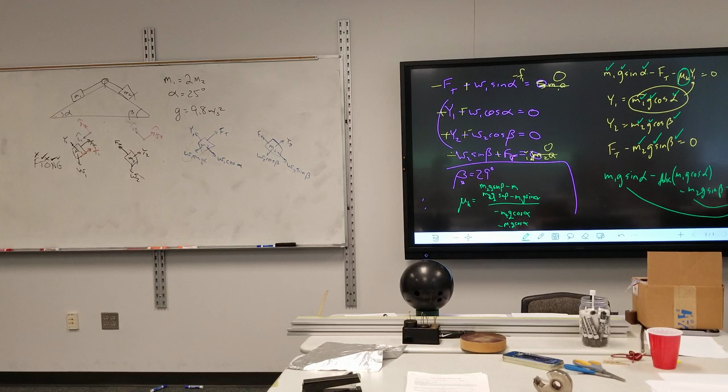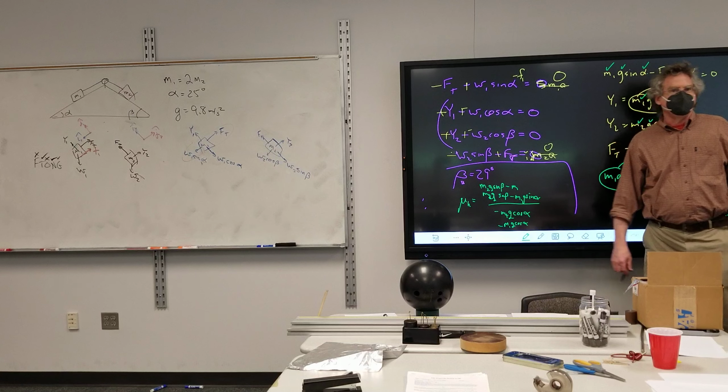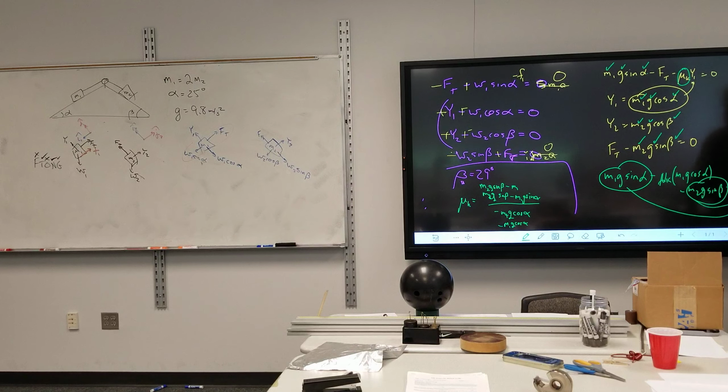But the bottom should be negative, because M1G sine alpha is bigger than M2G sine beta. So my numerator here is negative. So the negative would be needed to make my coefficient positive.